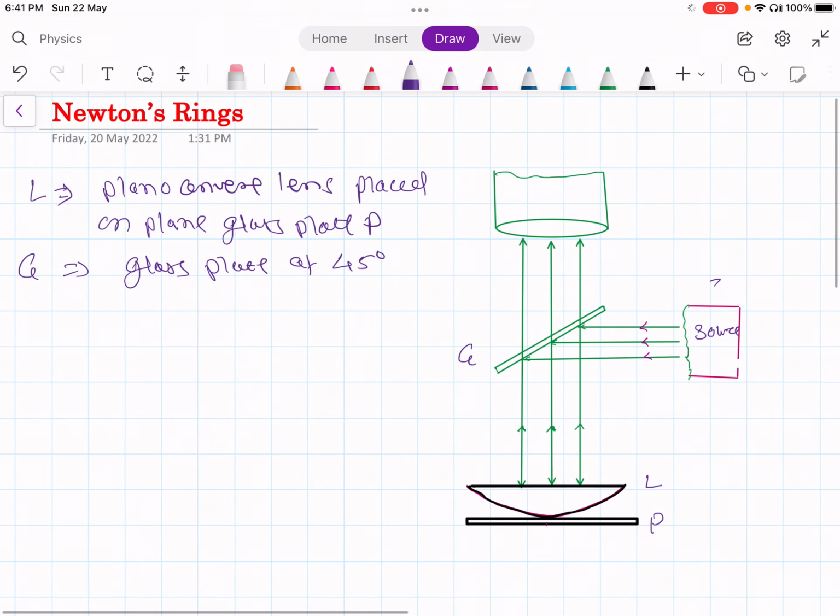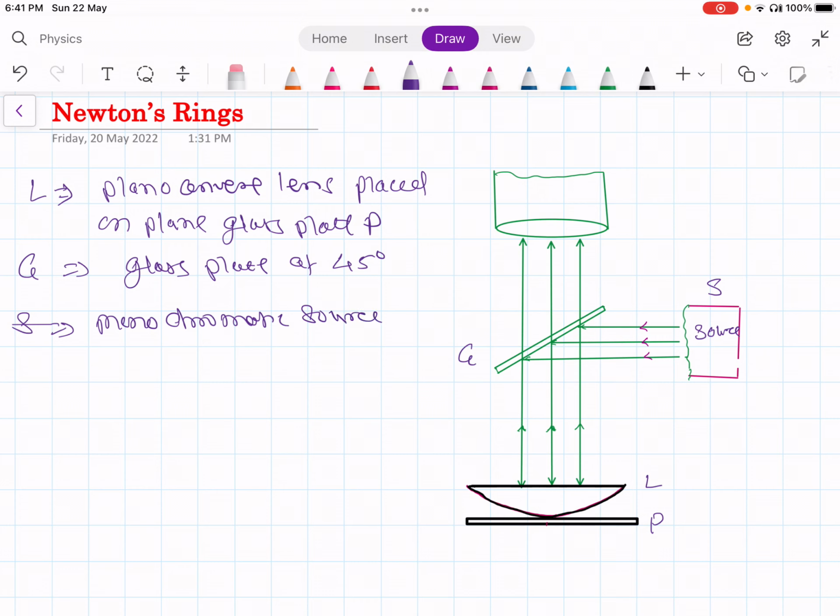So here S is a monochromatic source of light, say of wavelength lambda. And here is the microscope. That M is the microscope.